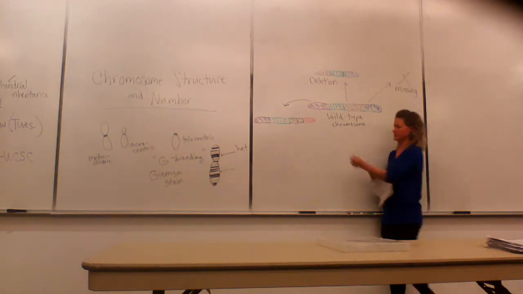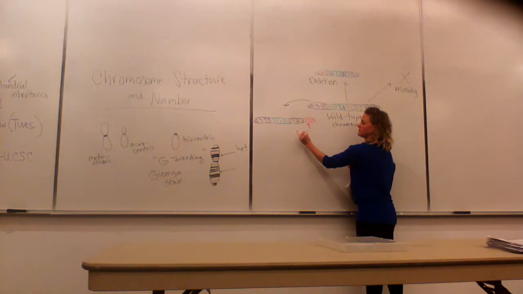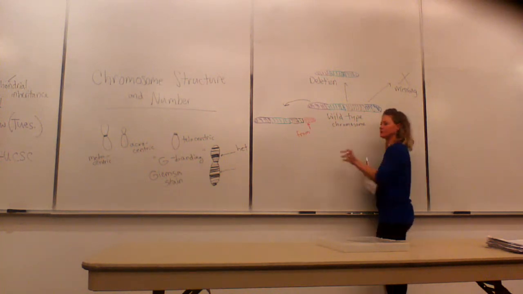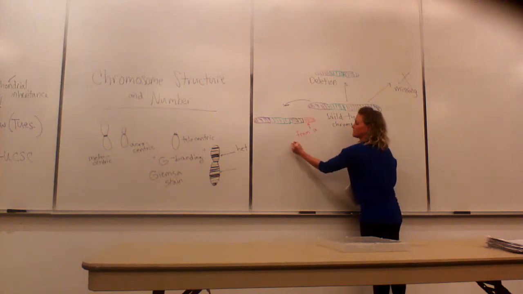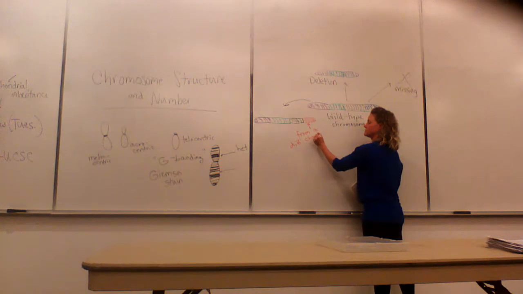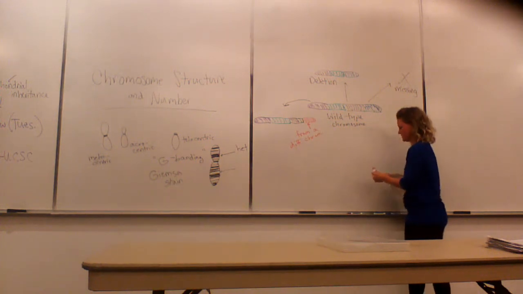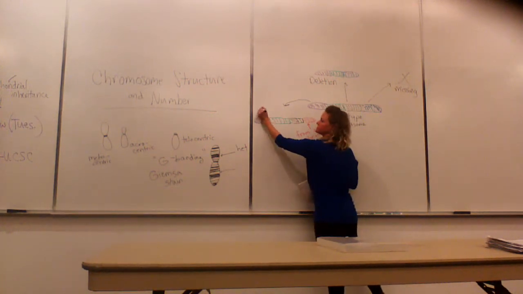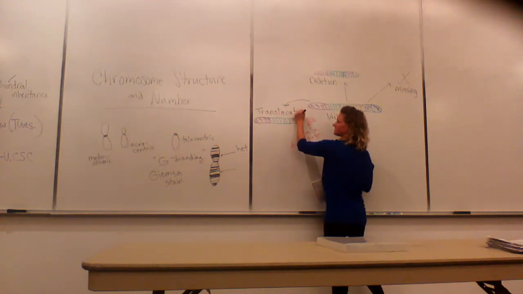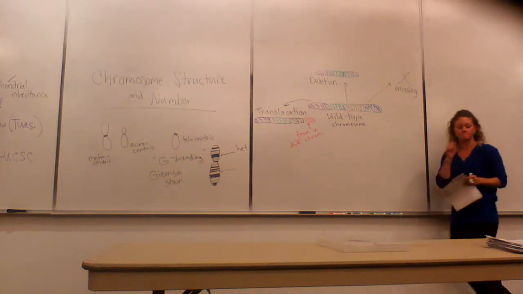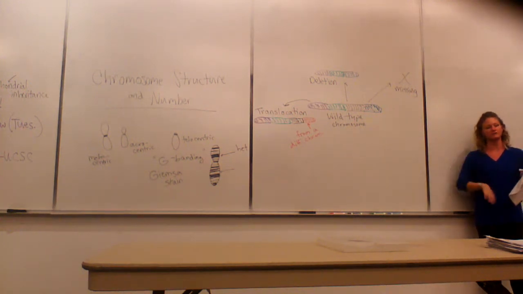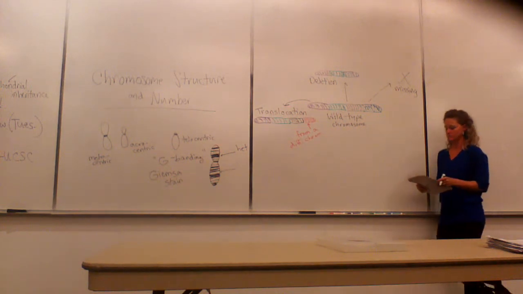In this case the little red piece, I'm trying to indicate using colors that this segment is from a separate chromosome, not the homolog chromosome, but a totally different chromosome. So that's actually referred to as a translocation. You can break off a chunk and replace it with another chunk from another chromosome.